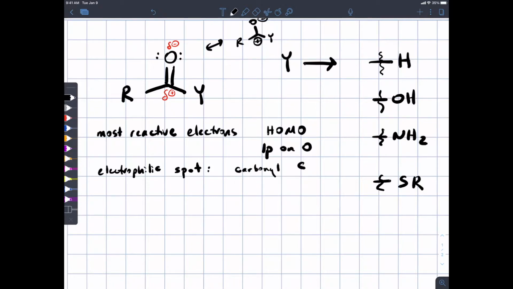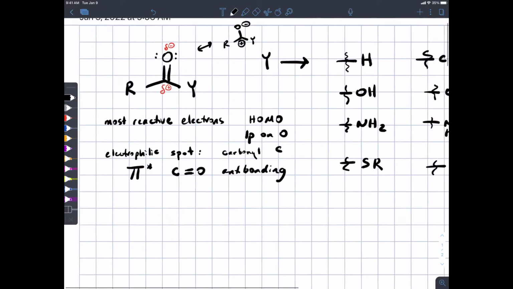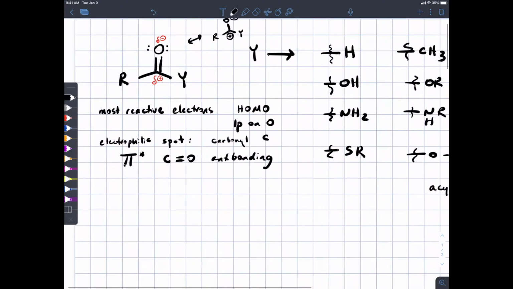The lowest unoccupied molecular orbital of a carbonyl compound is the pi star, which is the carbon-oxygen antibonding orbital. If that sounds unfamiliar to you, I'll refer you to the MO document that I will post online. If an antibonding orbital is filled, the corresponding bond breaks.